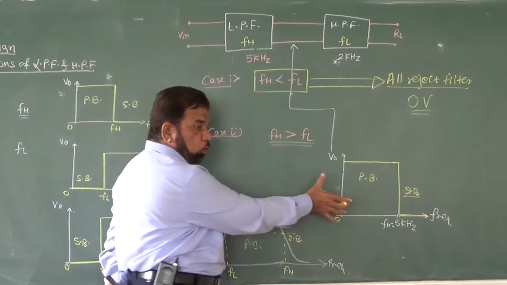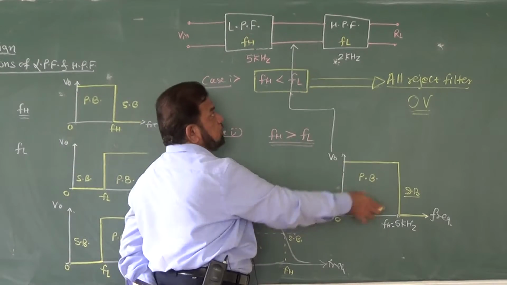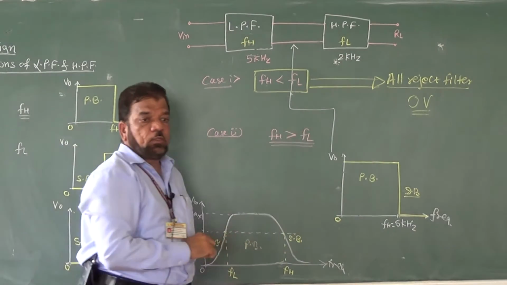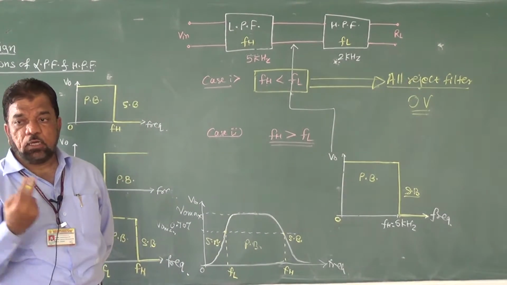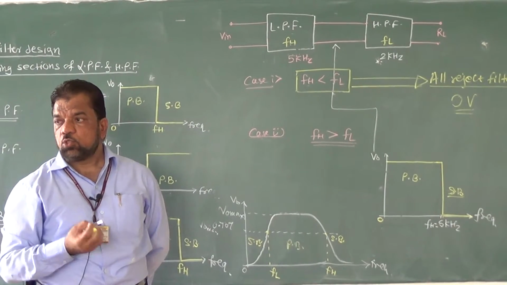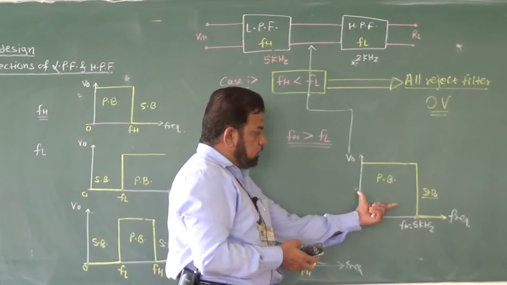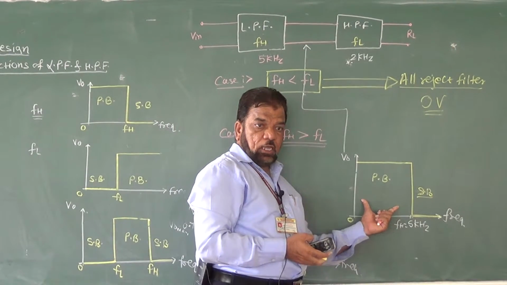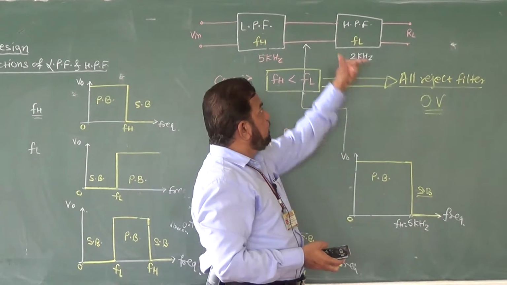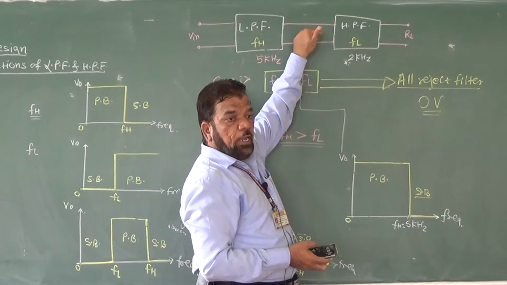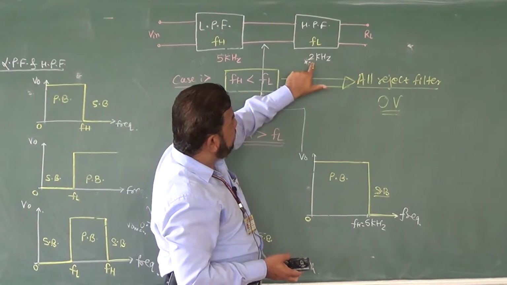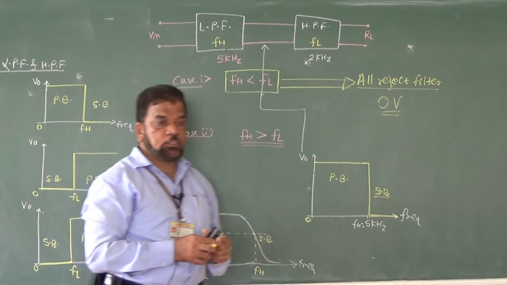The output of this low pass filter is now the input to the high pass filter, which has a cutoff frequency of 2 kilohertz. So whatever signal is there up to 5 kilohertz is the input to the high pass filter, and the high pass filter will transmit from 2 kilohertz onwards.